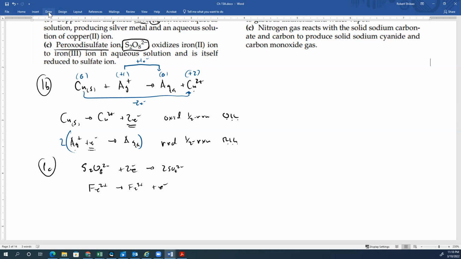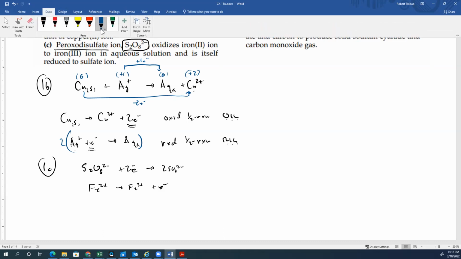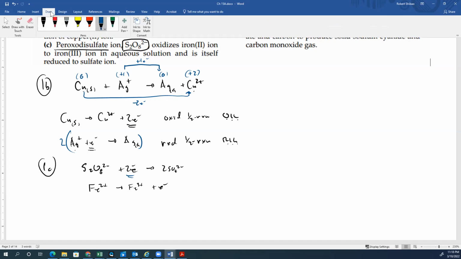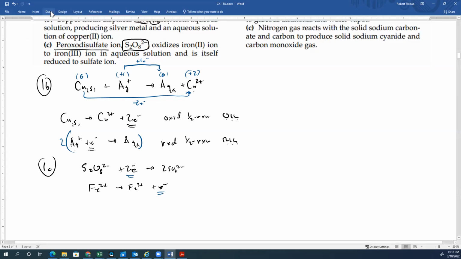There's a mismatch in the electrons again here. 2 electrons are required for the peroxodisulfate, and only 1 electron is produced, so we need to double this one. Alternatively, when we write out the equation, we'd see the total charges don't match, and then we can just guess, double it or whatever.